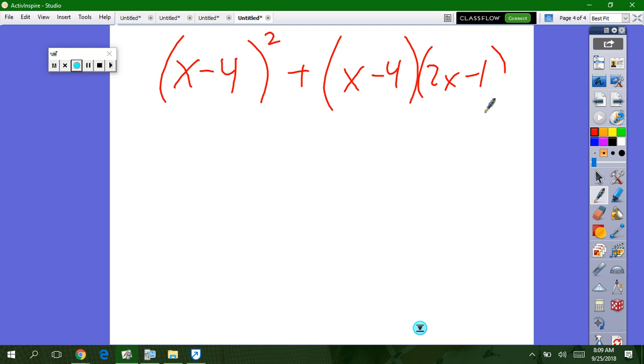They have an x minus 4 in common, correct? Okay. So they have an x minus 4 in common. So if I pull an x minus 4 out of x minus 4 squared, what's left over? X minus 4, right?